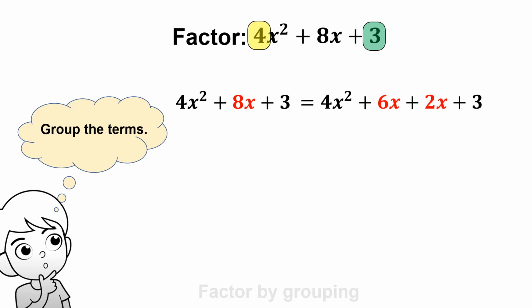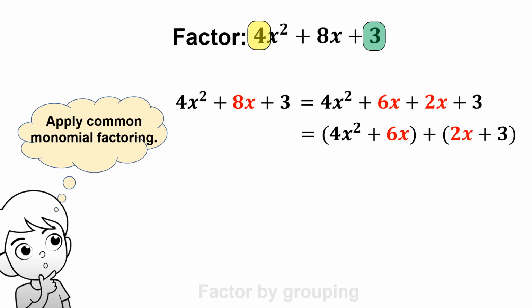Group the first two terms together and the last two terms together. Next, apply common monomial factoring on 4x squared plus 6x. The common monomial factor is 2x. Take note of the common factor 2x plus 3.